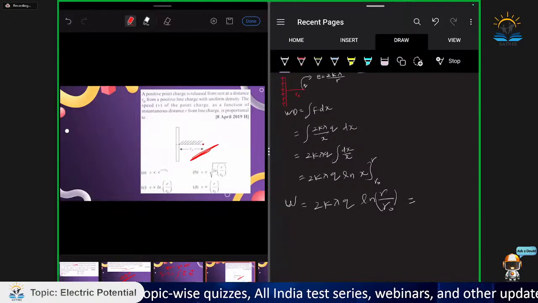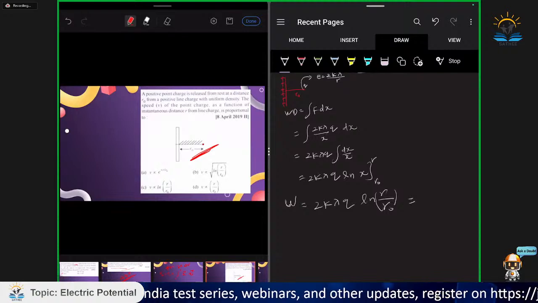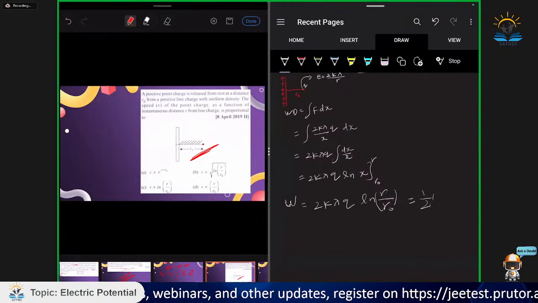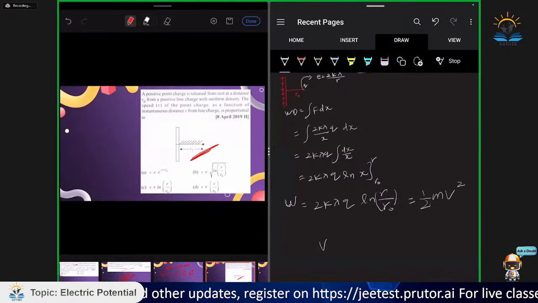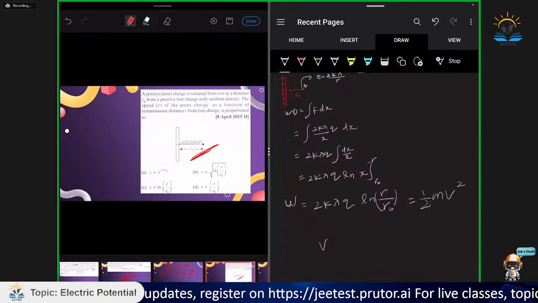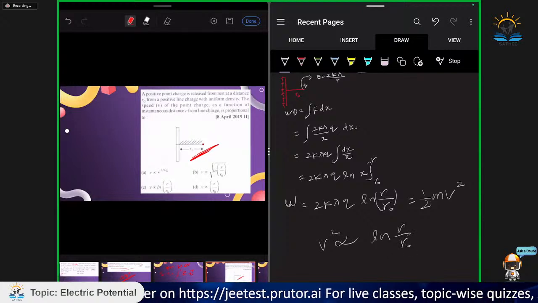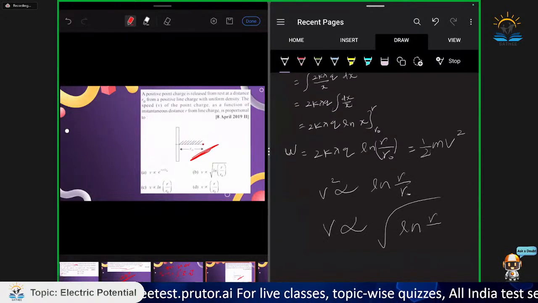Initial velocity is 0, so initial kinetic energy is 0. Change in kinetic energy means final kinetic energy minus initial kinetic energy, so only the final kinetic energy, half m v square. We only have to find the proportionality: v square is proportional to ln r by r0. So v is proportional to root of ln r by r0.